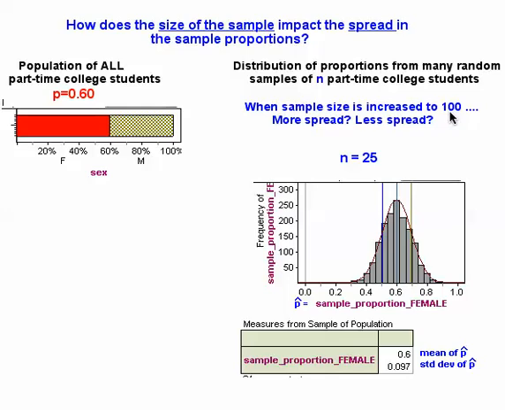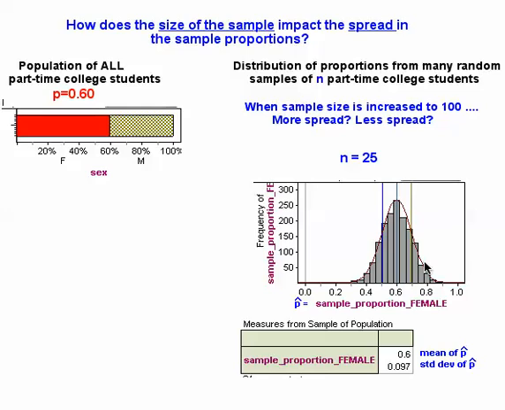We will look at samples of size 100. The question then that we are interested in is whether or not this increase in sample size will have an impact on the spread.